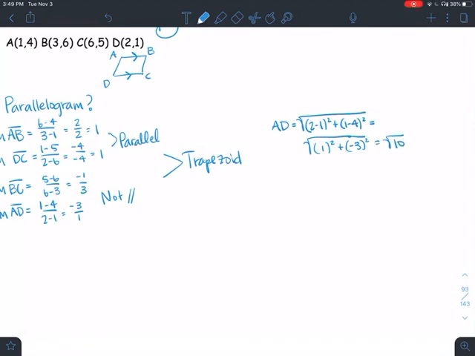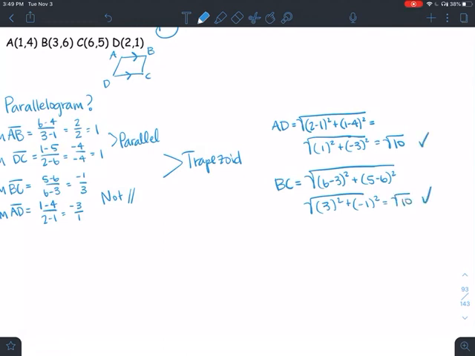Now if we check our other side, which will be BC, I'm going to have the square root of 6 minus 3 squared plus 5 minus 6 squared. That will give me 3 squared plus negative 1 squared, which is 9 plus 1, the square root of 10.